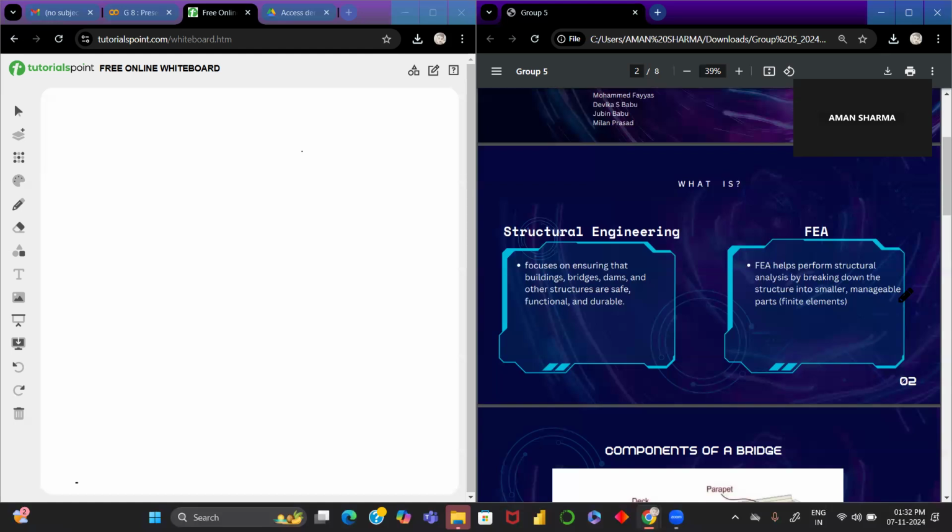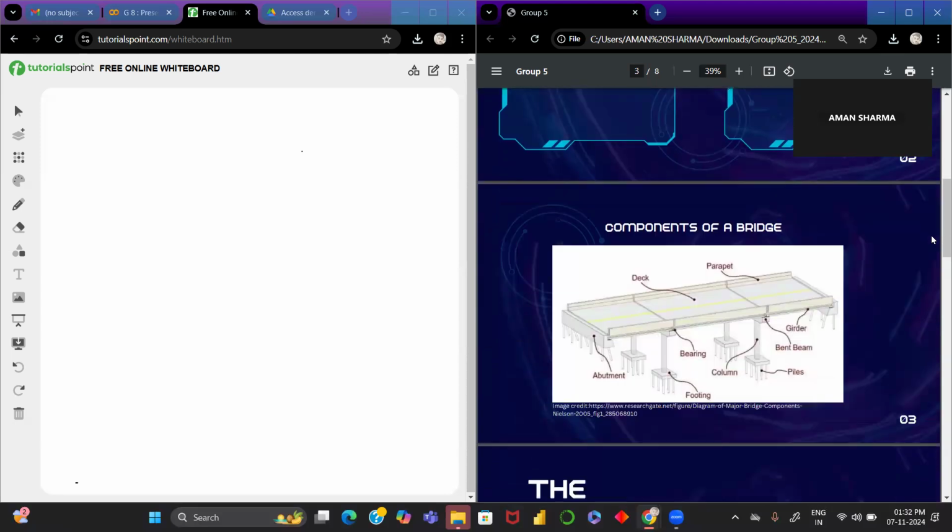So for finite element analysis, we are dividing the structure into finite elements, like here, as you see. The bridge is divided into different structures like bearings, beams, deck, etc. In order to do FEA, we have to understand the stiffness matrix.